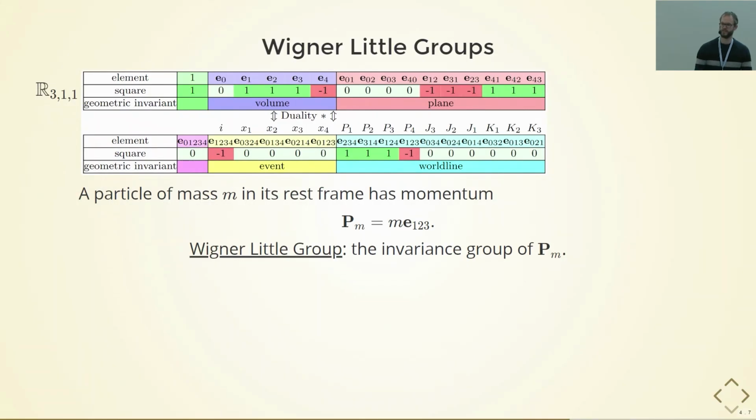And now I can ask a question. Which elements do I still have that leave this momentum line invariant? What still commutes with it, in other words? And this is something we technically call the Wigner-Little groups. So the Wigner-Little groups are the invariance groups of a momentum line Pm.